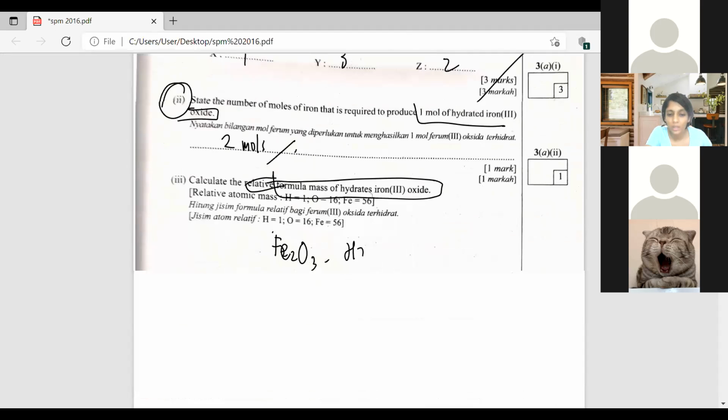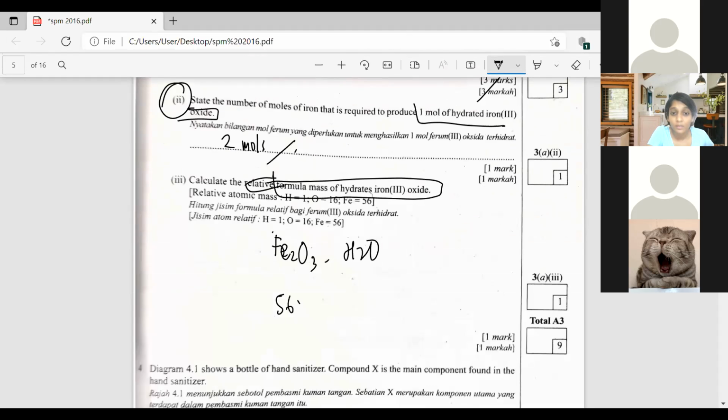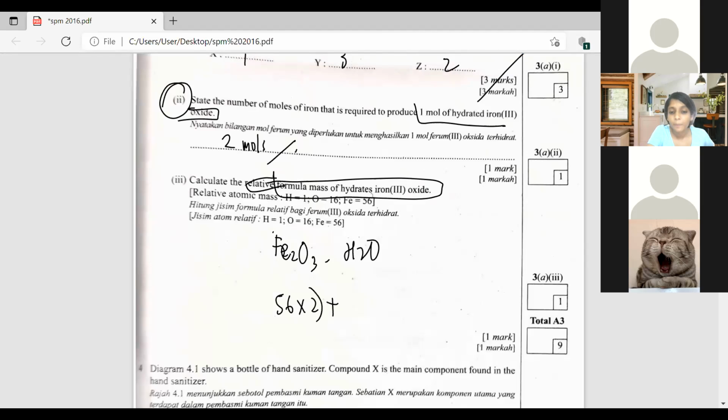Carry on. Okay, tell me 56 times 2. That in a bracket, then plus 16 times 3. Very good. Plus 1 times 2 and plus 16. So total will be?